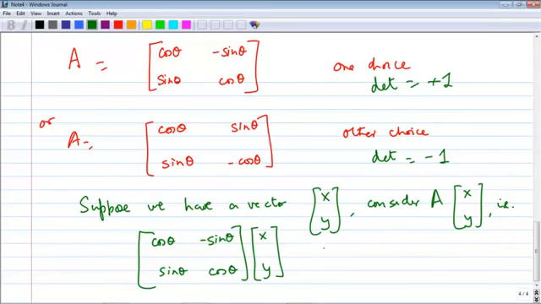And this is really a counterclockwise rotation by theta.